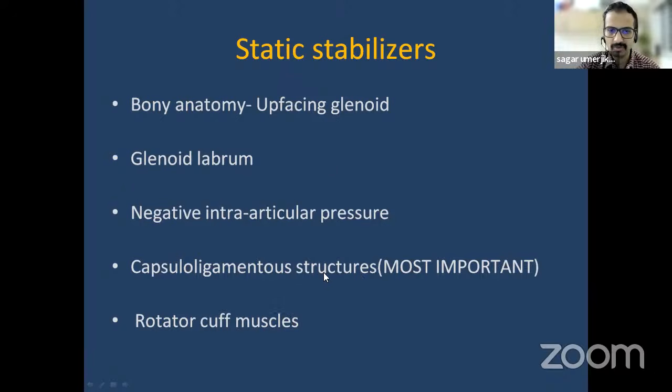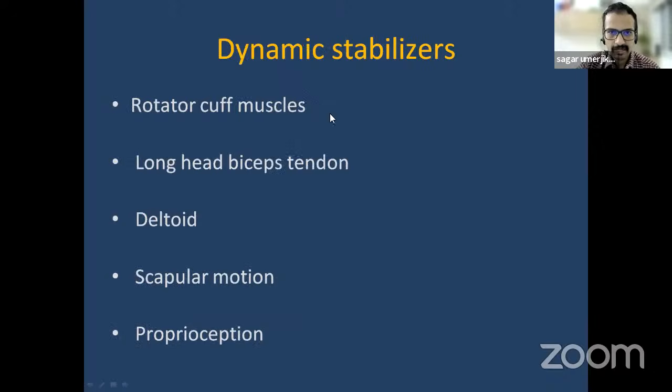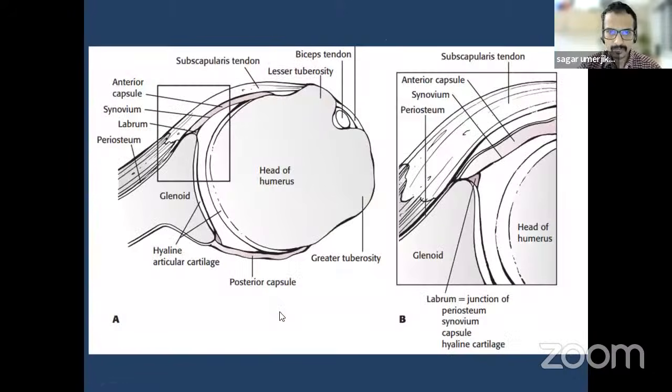Among all these, the capsuloligamentous structures are the most important static stabilizers. Among the dynamic stabilizers, we have the rotator cuff muscles, the long head of biceps tendon, the deltoid, the scapular motion and the proprioception. Both have to act in unison to give stability as well as movement to the joint.